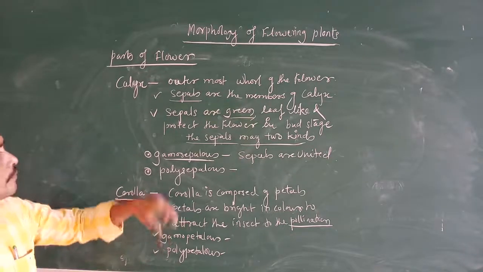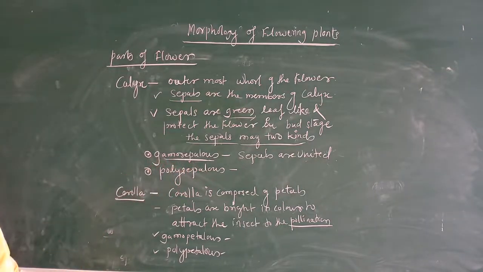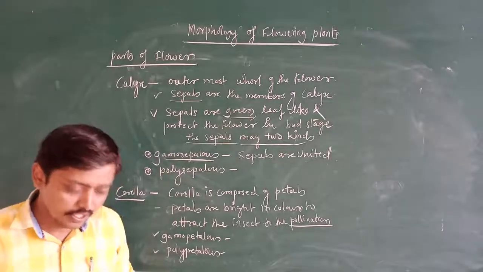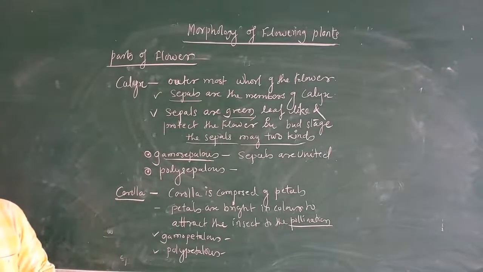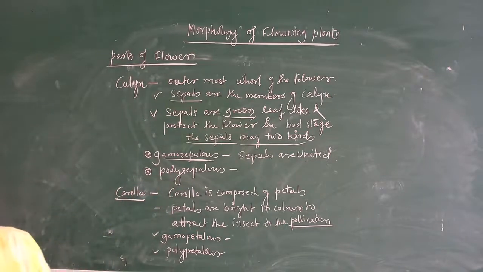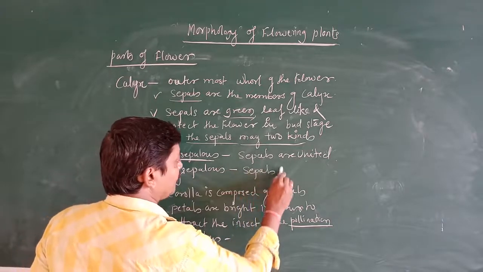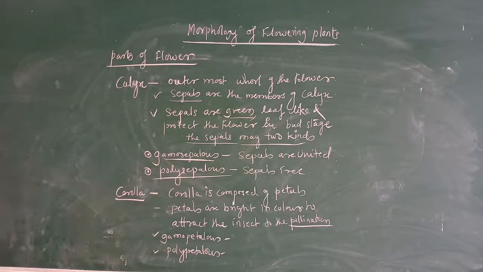Such a flower is called a gamosepalous flower. And polysepals means the sepals are free. If the sepals are free in a flower, that kind of flower is called a polysepalous flower.